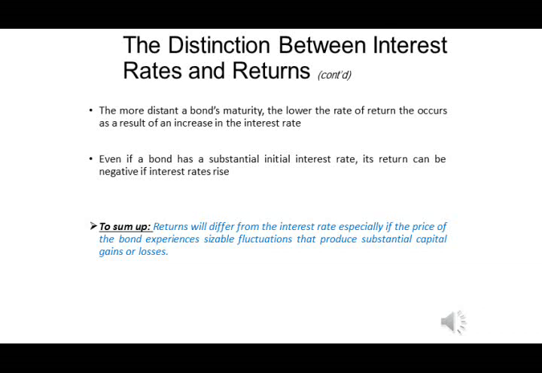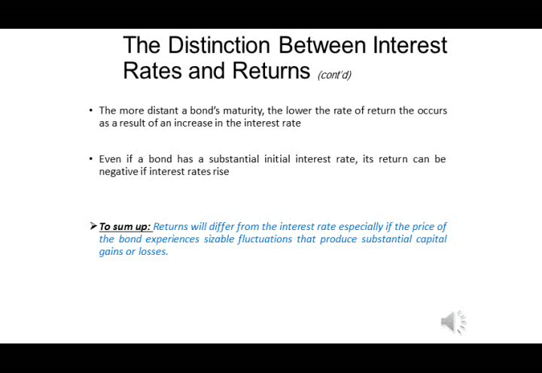The second case, if the holding period is less than the maturity lifetime of the bond and there is an increase in the interest rate, it means directly that the price of the bond will decrease, which means that there is a rate of capital loss, and this loss could exceed the yield from the bond, leading to a negative rate of return on the bond.